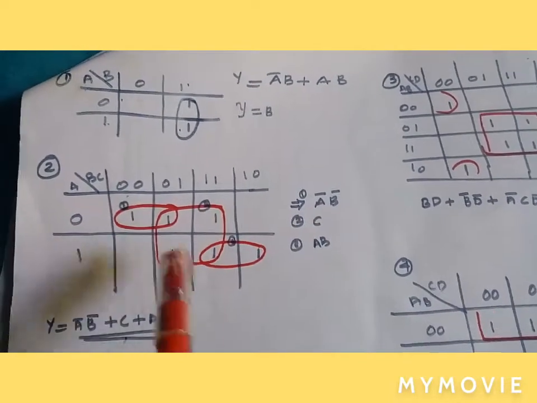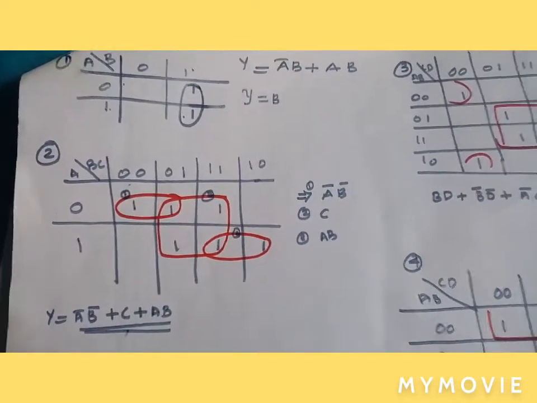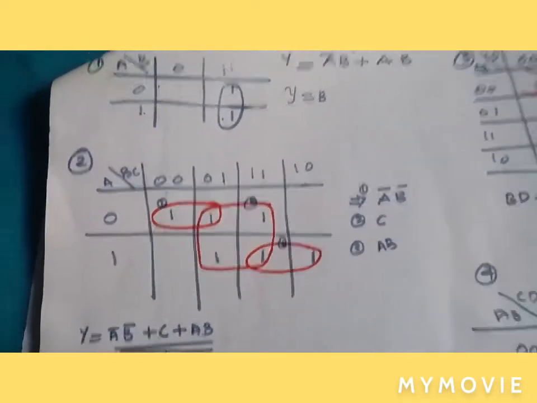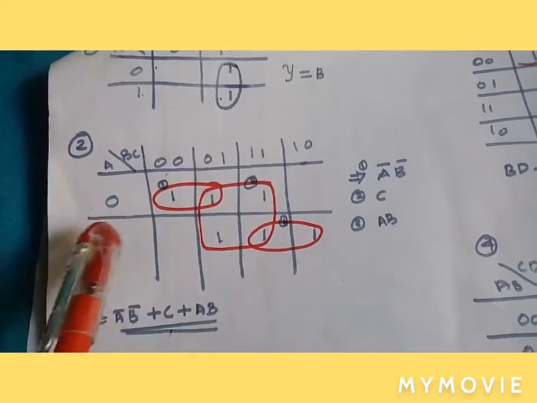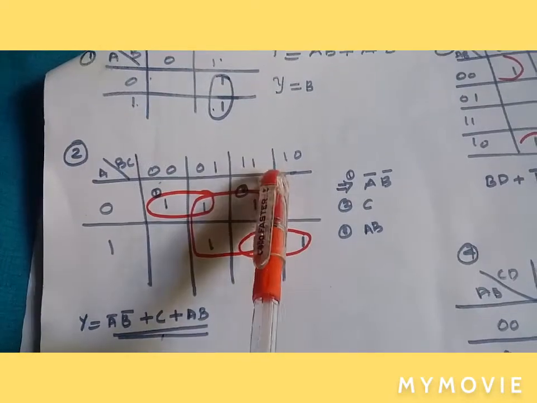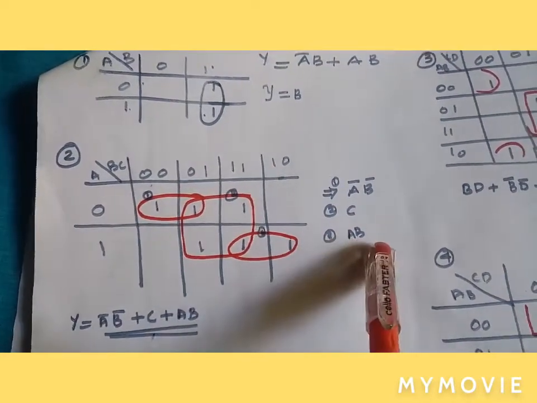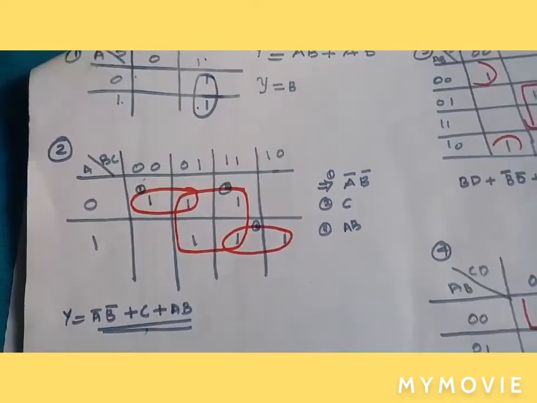That is C from this quad. And from this pair, what is the Boolean? We know that A is constant for this pair of elements and B is also constant, that is AB as the Boolean.